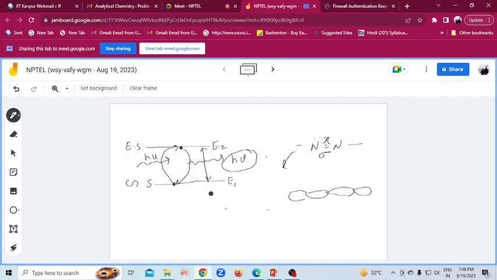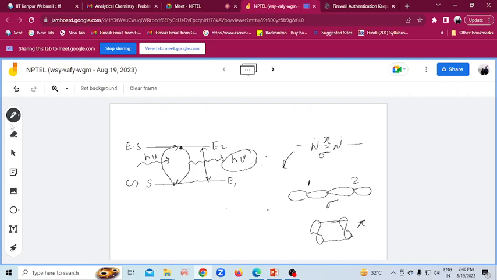Suppose this is the first atom and this is the second atom. If they overlap head to head, it makes a sigma bond, whereas if these two orbitals overlap side by side, it makes a pi bond. This is only a refreshment of your concept.